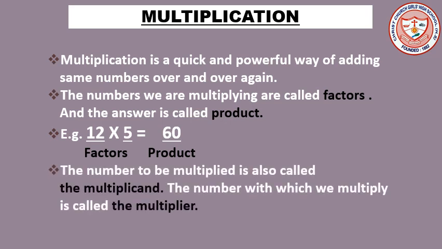The number to be multiplied is also called the multiplicand. The number with which we multiply is called the multiplier.